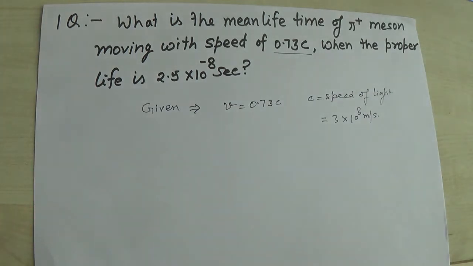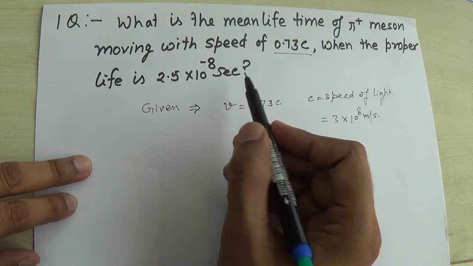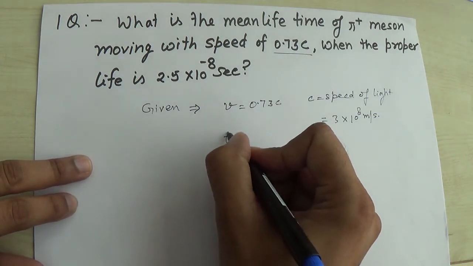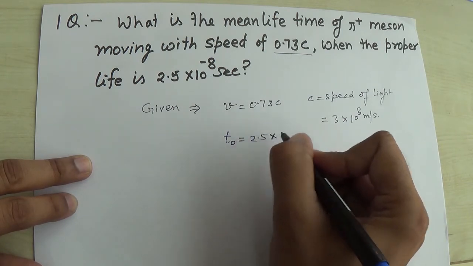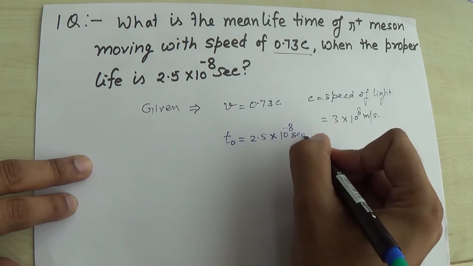And the second thing given is the proper life, T naught, which is equal to 2.5 into 10 raised to the power minus 8 seconds.